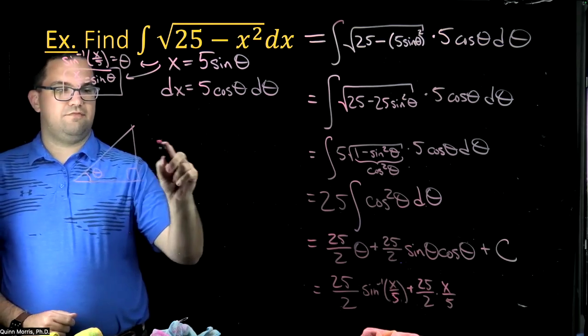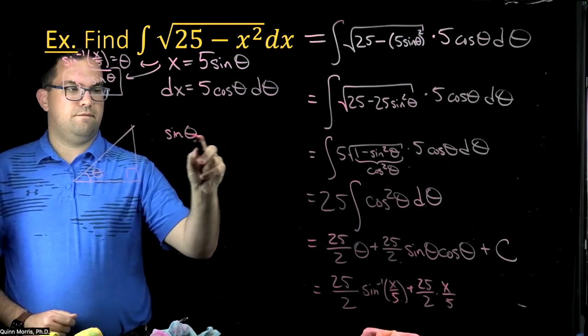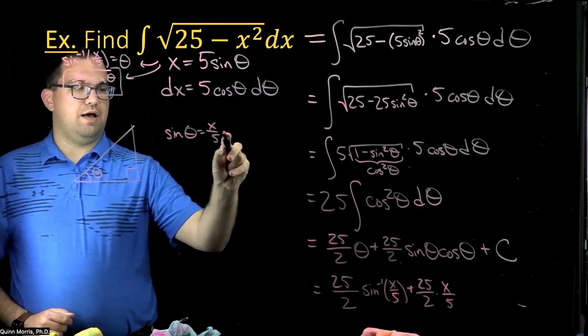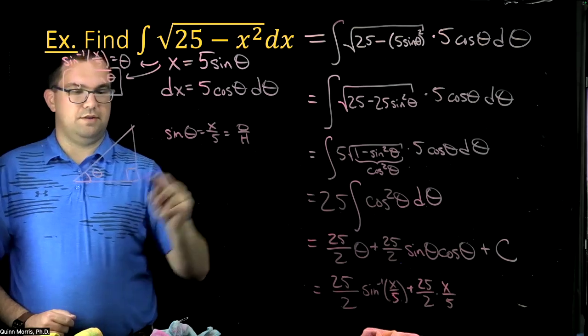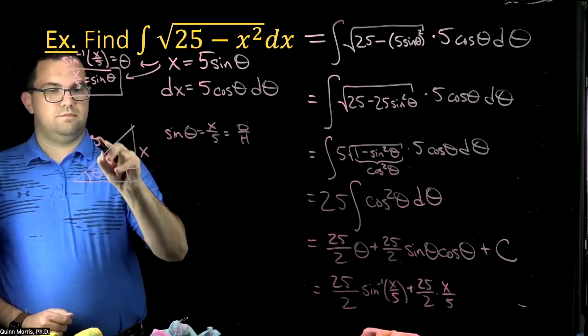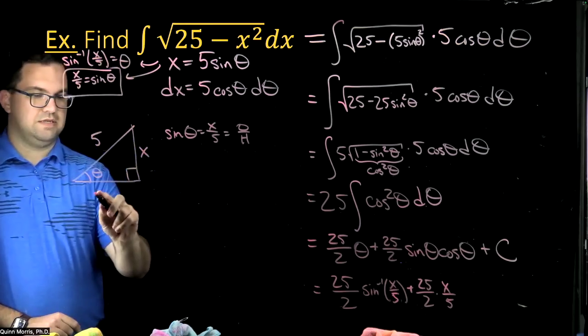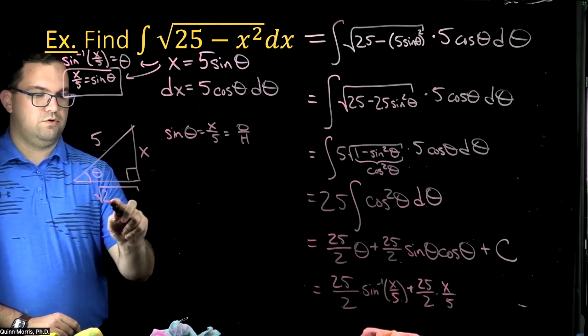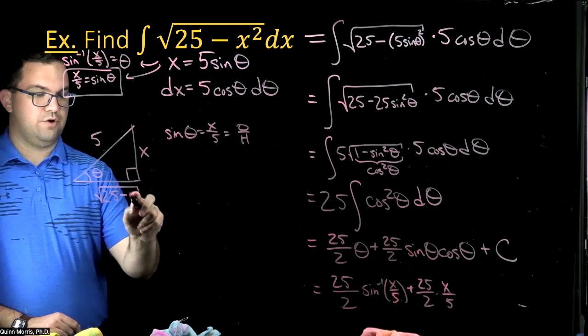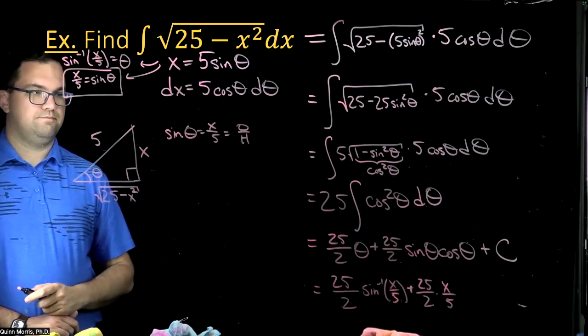Now I simply need to find the missing leg of the triangle, which will be the square root of 5 squared minus x squared.